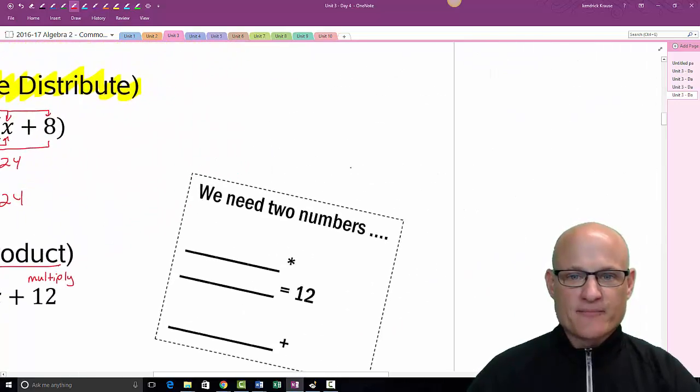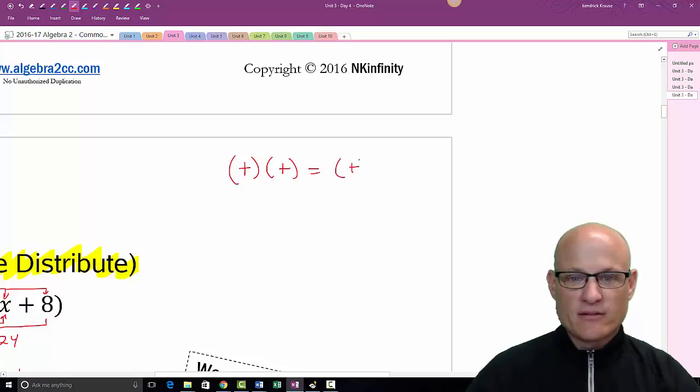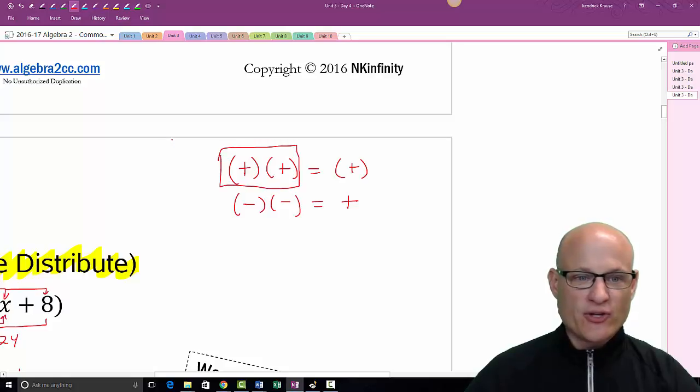Now, if you think about it, in order to get something positive, I need to multiply a positive times a positive, or I can multiply a negative times a negative. When you add these two things up, isn't their sum going to be positive?